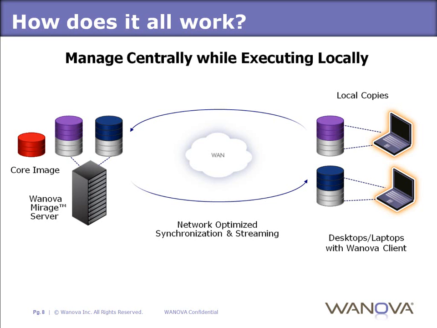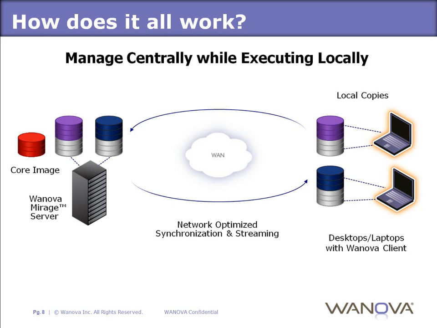When another user modifies that PowerPoint, we'll only store those changes and keep track of which users made what changes. In addition to that deduplication, we'll also compress any data we send over the network as well. When we say we spent a lot of time optimizing our transmission protocols for the WAN, we mean it. Once the endpoints are centralized in the data center, you can begin doing image management.